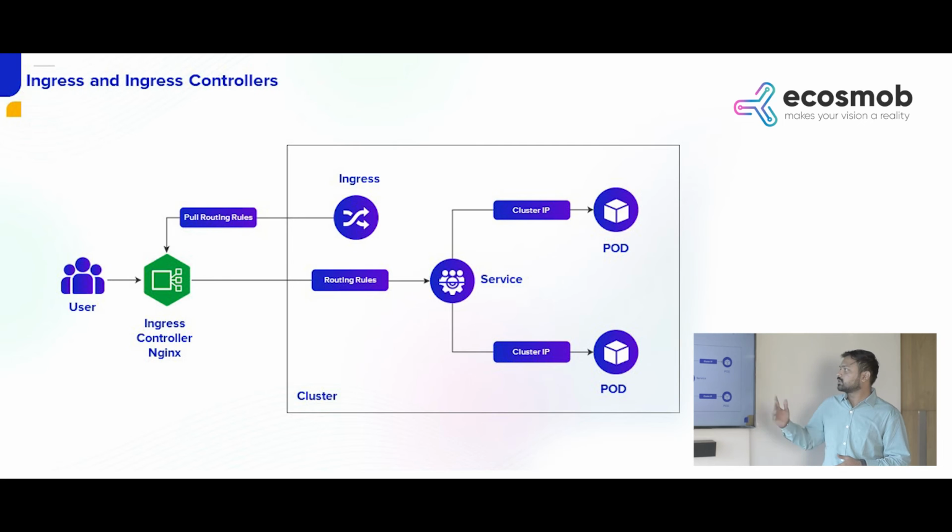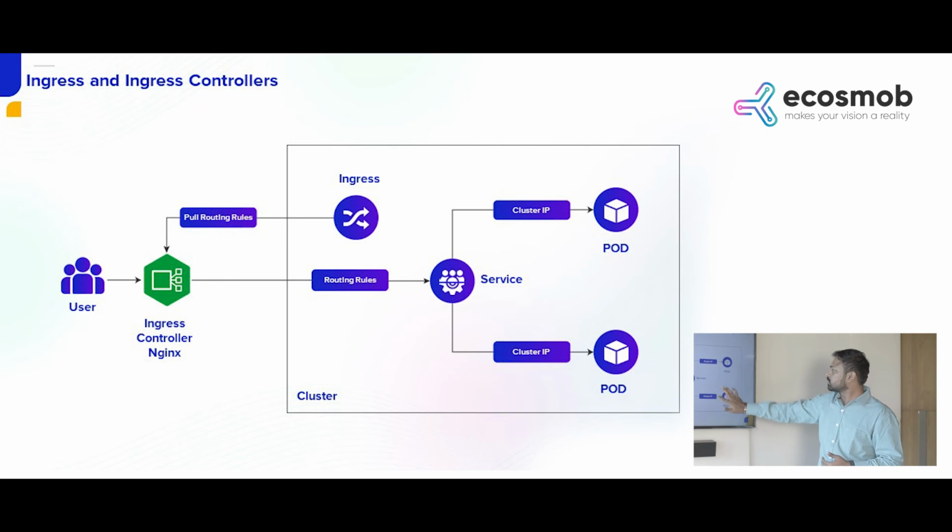So Ingress and Ingress controllers, as you know, Kubernetes is a closed network, right? If you want to send traffic to the internet, or you want to receive traffic from the internet, you need to do something about it, and that's where Ingress controllers come into the picture. What it does is that it basically controls the Ingress traffic. So anything which wants to come into the Kubernetes cluster, here you can see there is a Kubernetes cluster.